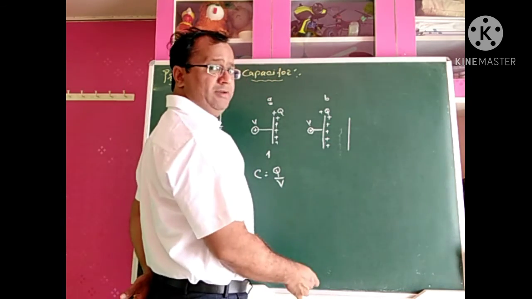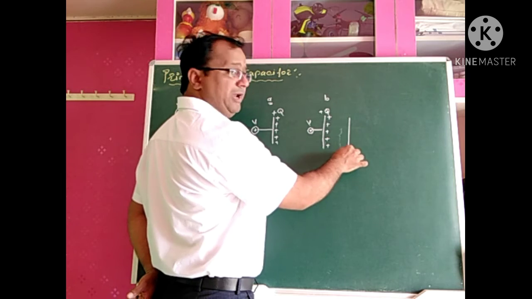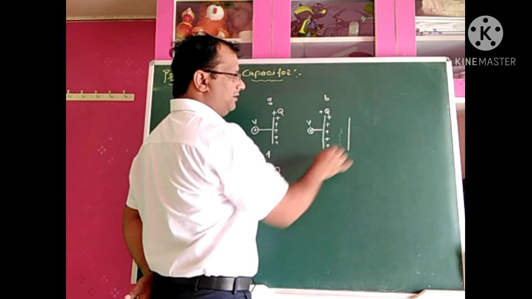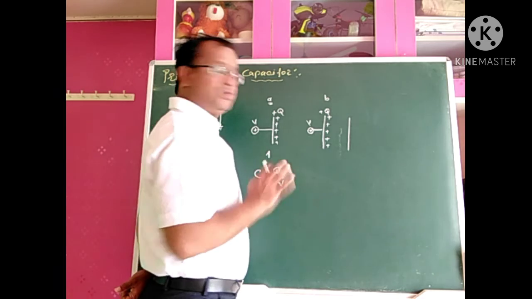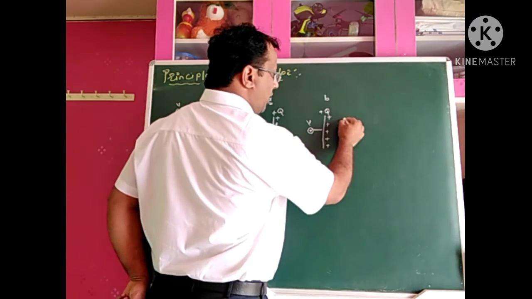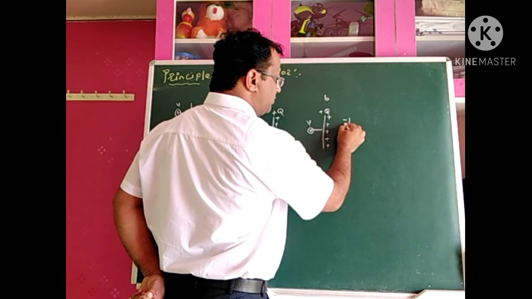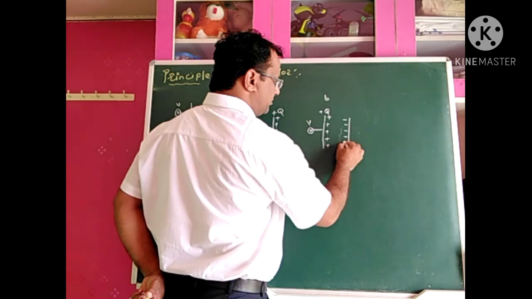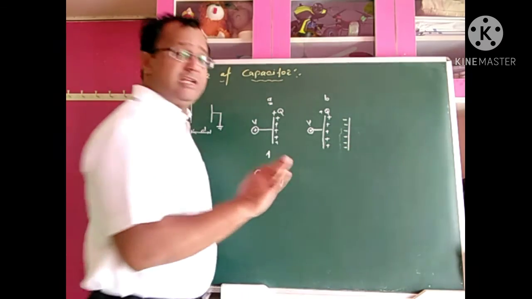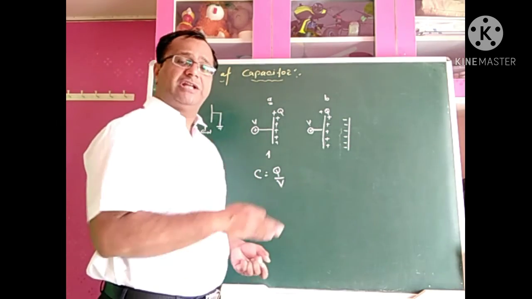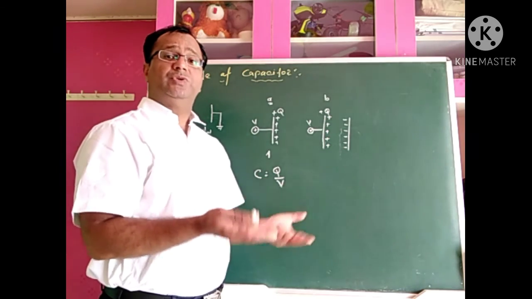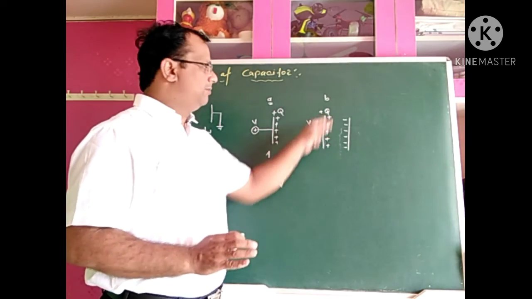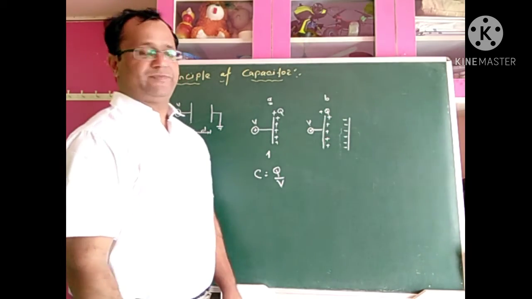When we keep the second plate near this conductor, which is already charged, negative charges are automatically induced on this plate. These charges cannot be given. These are induced charges, which are produced on their own by the induction process.